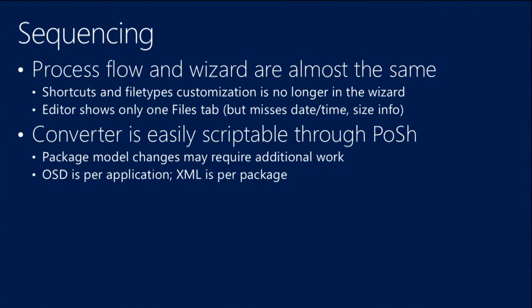And one of the things that we noticed is that because the package model has changed a bit, that may require additional work. For example, if you do scripting in OSD files, like some of you are doing right now, an OSD file is per application. But the new configuration XMLs are per package.